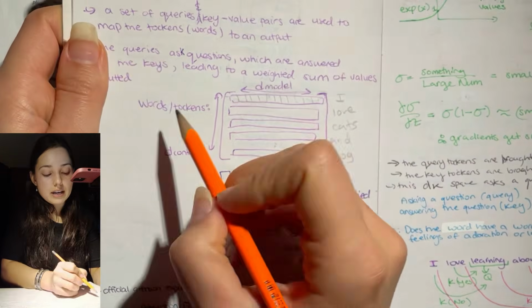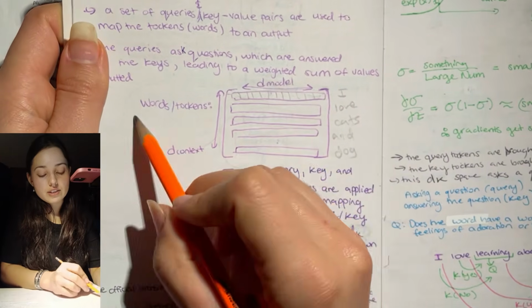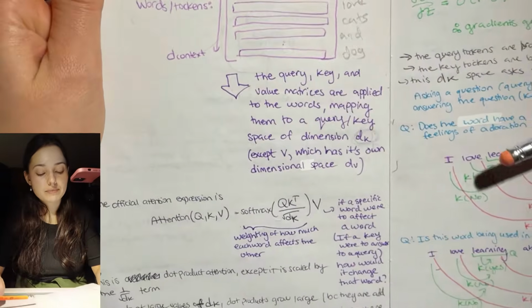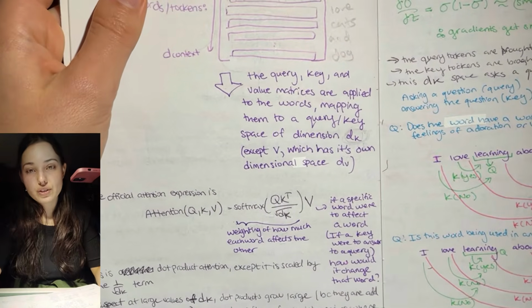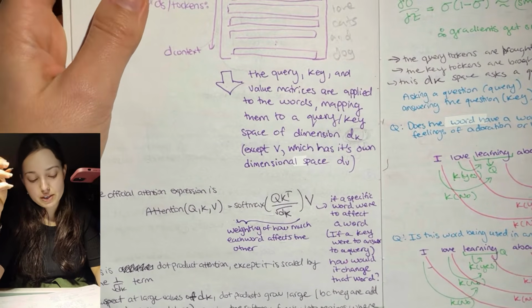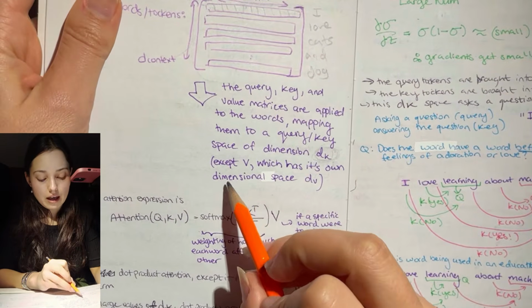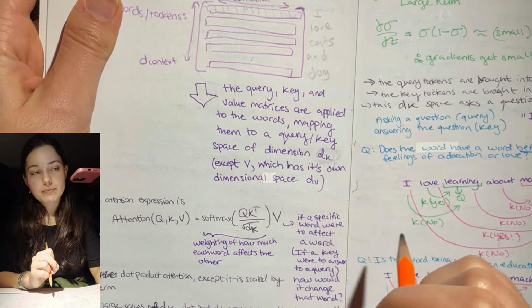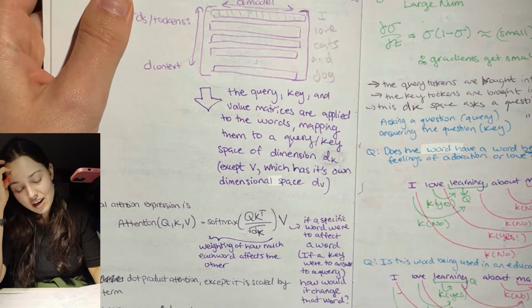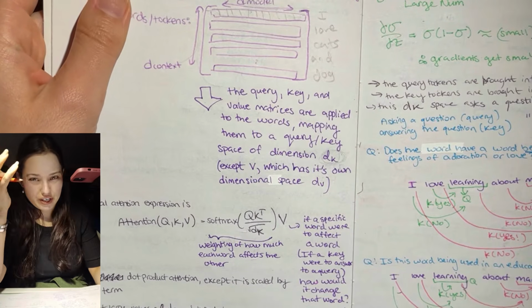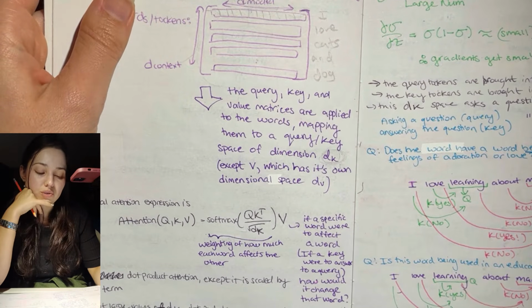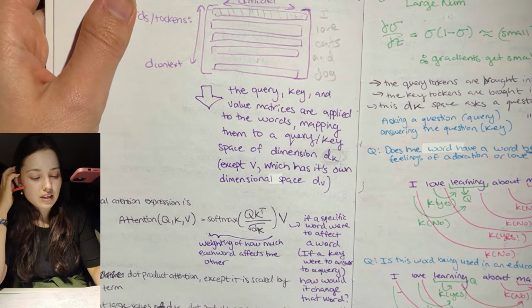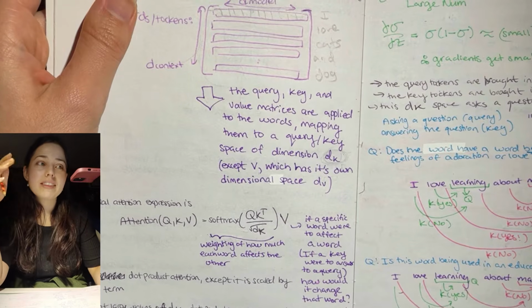We apply some kind of matrix to transform each of these words into another, smaller dimensional space, except the value, which has its own dimension, size dv. Now, what dimensions these are is kind of arbitrary. You choose a value and you stick with it. Will it make that big of a difference?